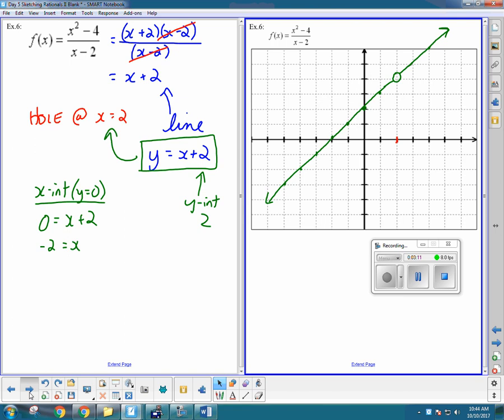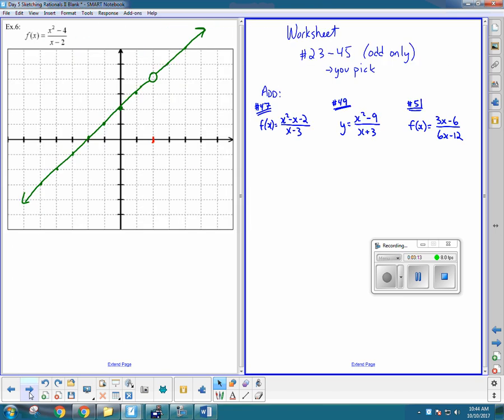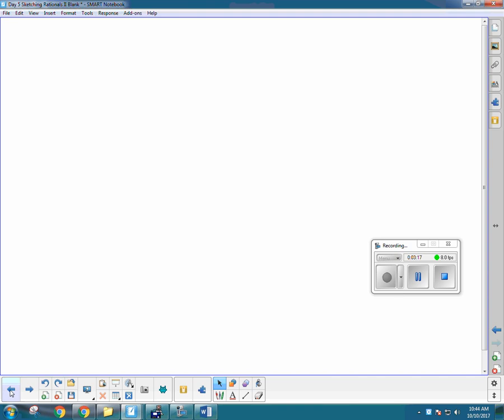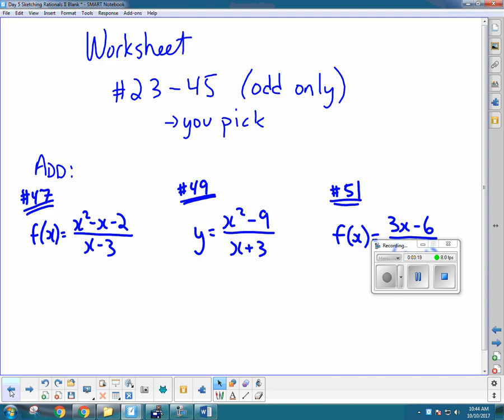So the rest of the time you now have is to do some practice. You can go to your worksheet, and you may or may not have already been assigned these. There's a bunch of possible ones. I would choose numbers from 23 to 45. Only do the odd ones, so like 23, 25, 27. I do have answers for all of those ones.